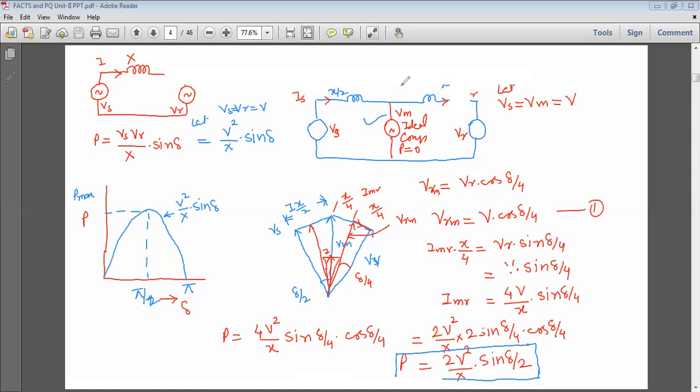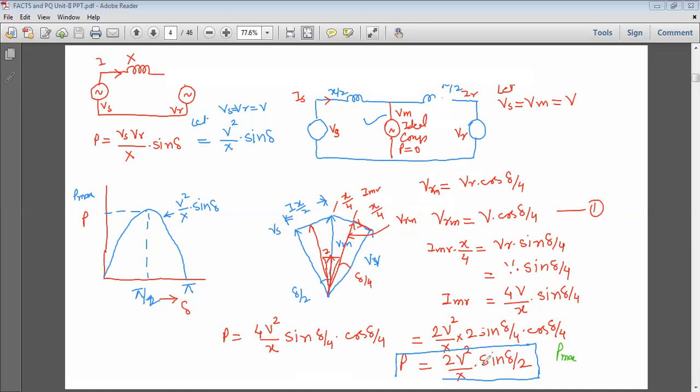Now draw this power angle curve on the existing power angle curve of the two machine system. It is also a sine curve, whereas it becomes a maximum only when delta is equal to 180 degree.